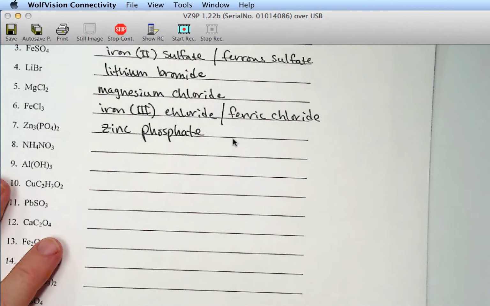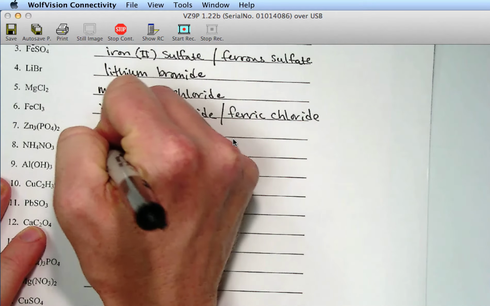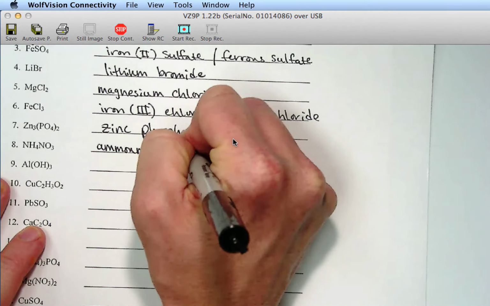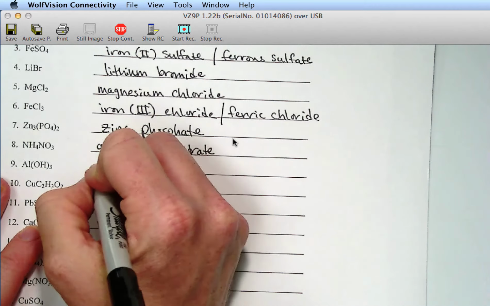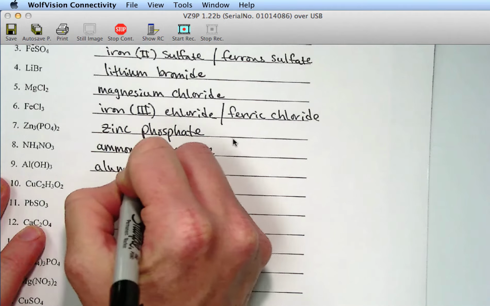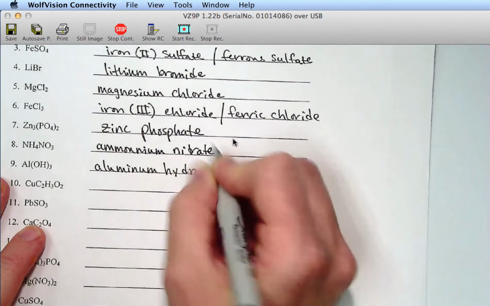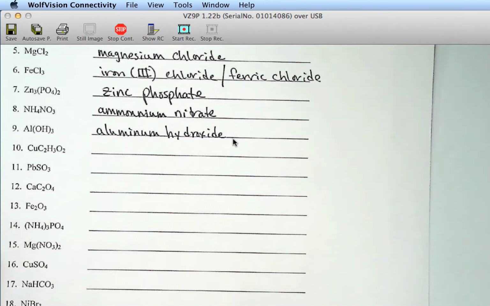All right, so ammonium nitrate, aluminum hydroxide. Number 10 is one where knowing your polyatomic ions helps tremendously. This is acetate.